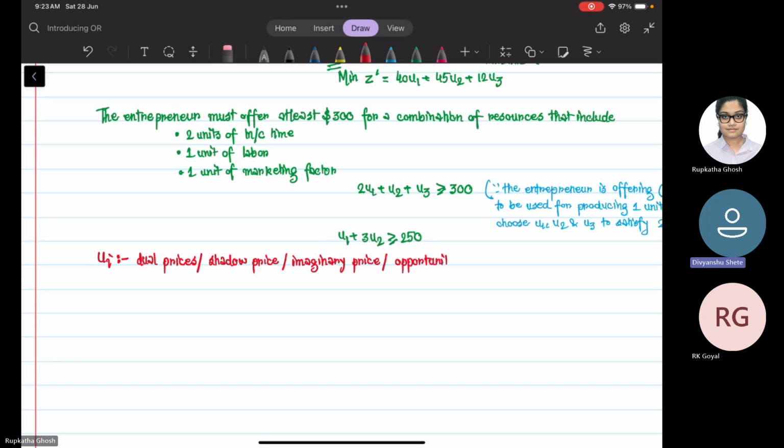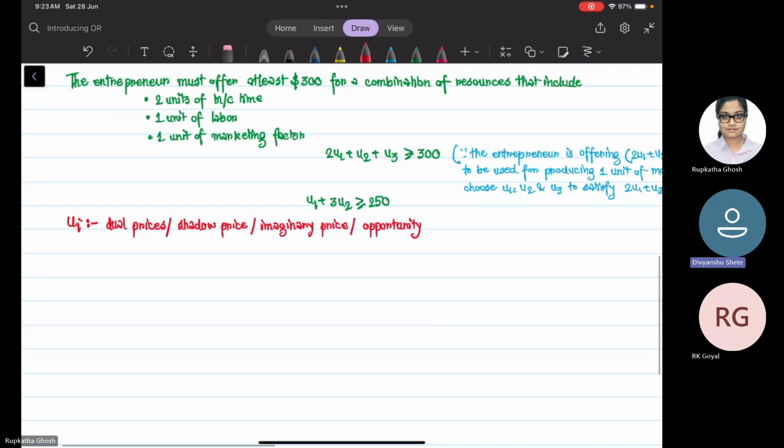So, ma'am, dual price is what change we see in the overall objective function if we change the RHS by a certain unit? Yes, that is for your primal. But in your dual model, these dual prices will become your decision variables. Simple thing.